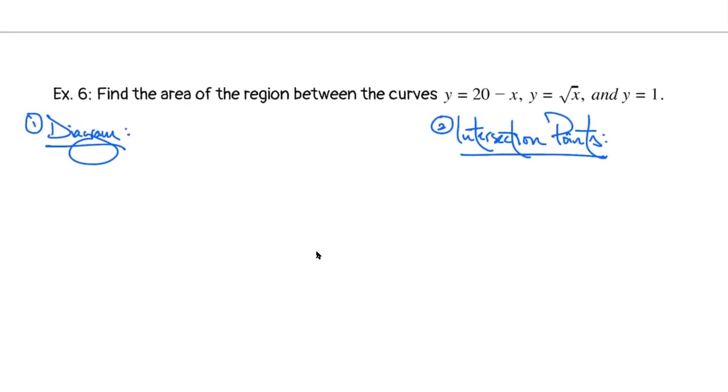All right, we've got a little bit different case here right now. We've got 3 functions, and that's not something that we've seen yet. Okay, so I'm going to go ahead and take a look at these functions.